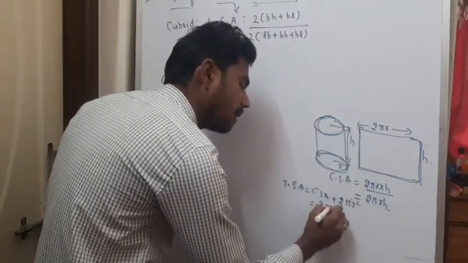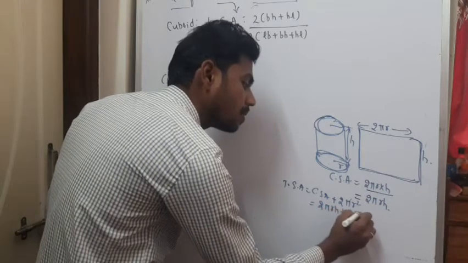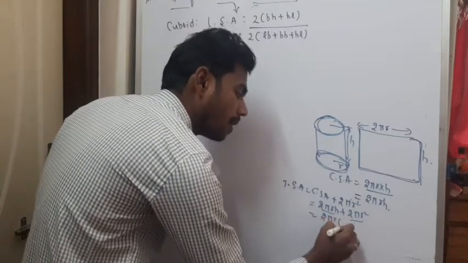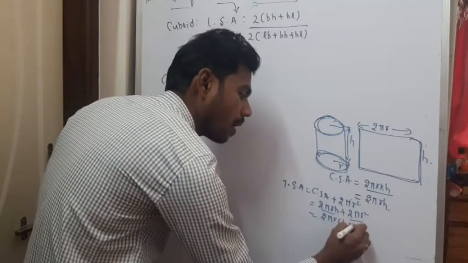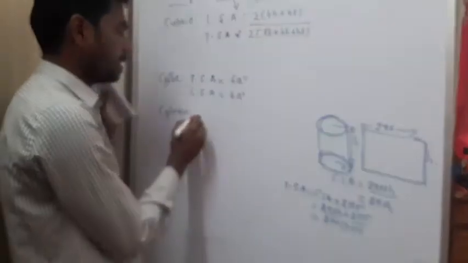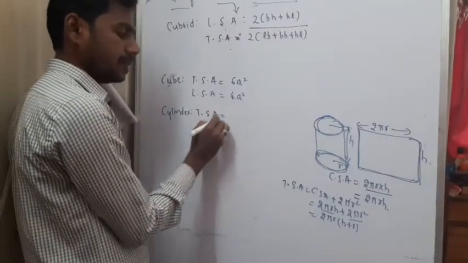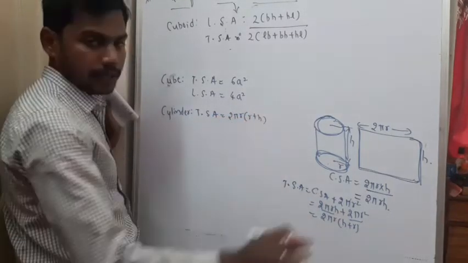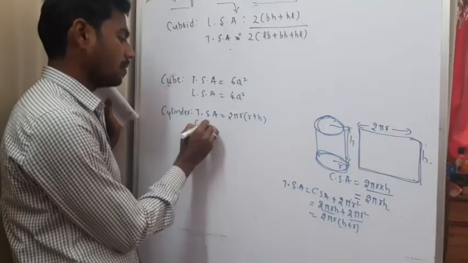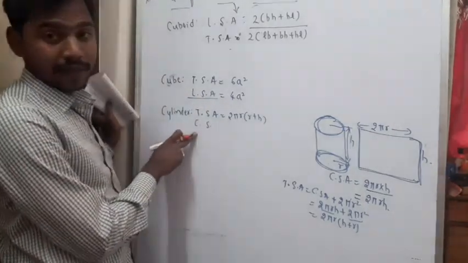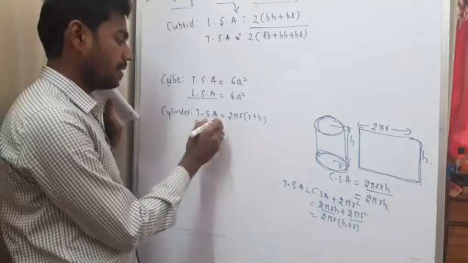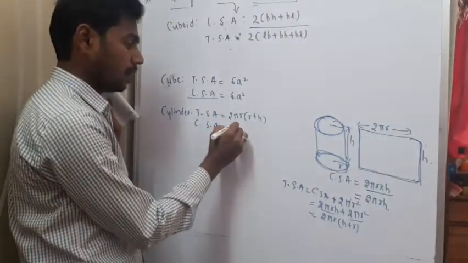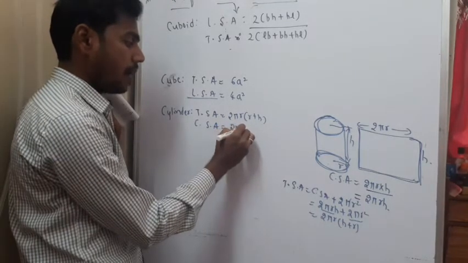So 2 pi rh plus 2 pi r square, which is equal to 2 pi r common in both, 2 pi r into h plus r or r plus h. So in case of a cylinder, total surface area is equal to 2 pi r into r plus h. What about curved surface area? We will not call it lateral surface area, and I have given the reason. Curved surface area is equal to 2 pi r h. That's it.